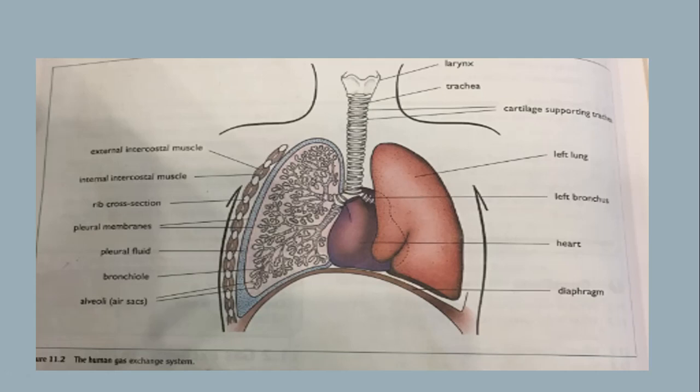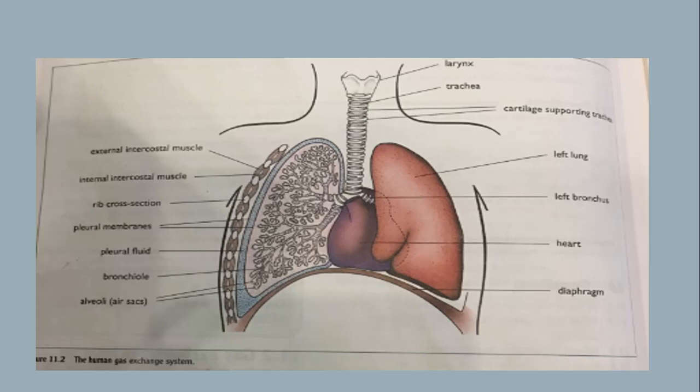That's why when the air particles collide with the vocal cords and make them vibrate, sound is produced. Then after the larynx, we have the main windpipe, which is called the trachea. This main windpipe, as you see, is supported by rings of cartilage, in order to prevent its collapsing.